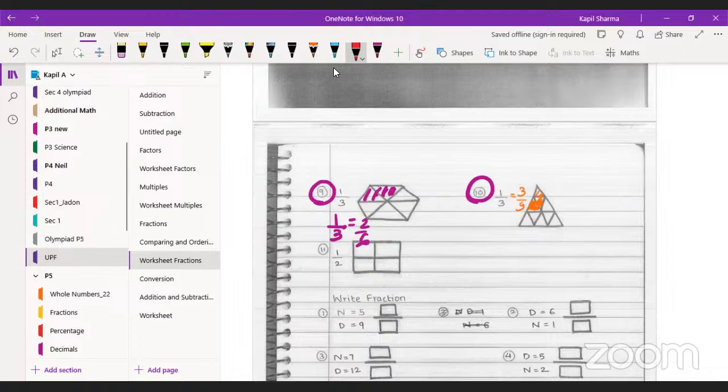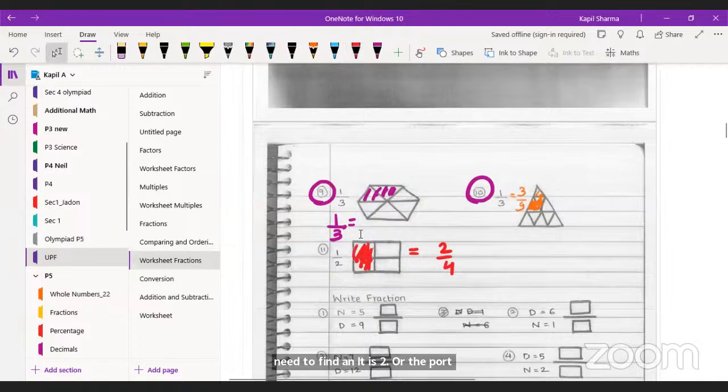Yes, Swastik. Okay, fine. So we need to represent half, but here the square has been divided into 4 equal parts. So we need to find an equivalent fraction, which is 2 out of 4. So shade 2.